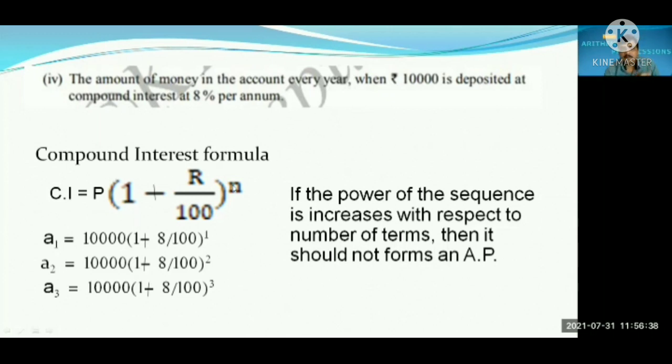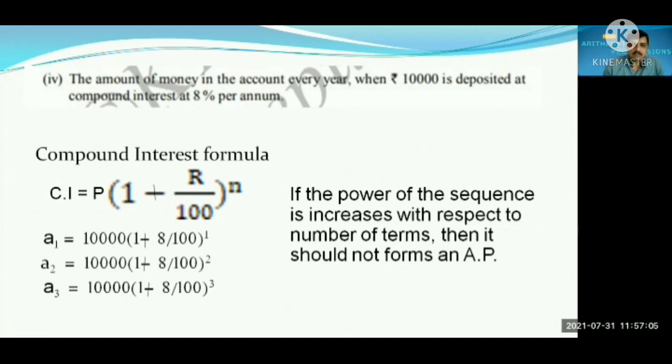We should use the compound interest formula and put in the values. 10,000 is the principal amount and 8 is the rate of interest, so those two are very important. In the first year, A1 is 10,000 into bracket 1 plus 8 by 100 to the power 1. In the second year, A2 is 10,000 into bracket 1 plus 8 by 100 to the power 2. In the third year, it is 10,000 into bracket 1 plus 8 divided by 100 to the power 3.